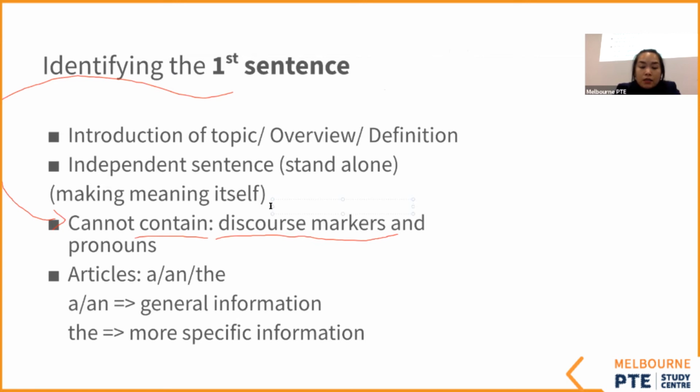So like I mentioned, why you guys need to pay attention to however, moreover, furthermore, finally. These are called connectors, discourse markers, right? And why do we need to pay attention to them when we are reading? Because the first sentence cannot contain a connector. That's it. Okay.